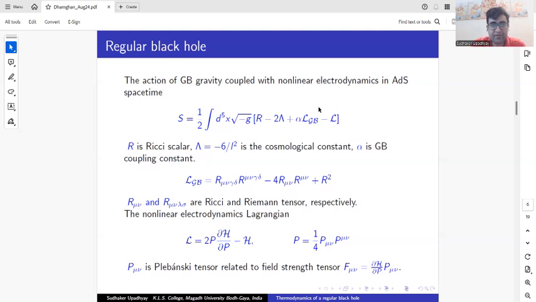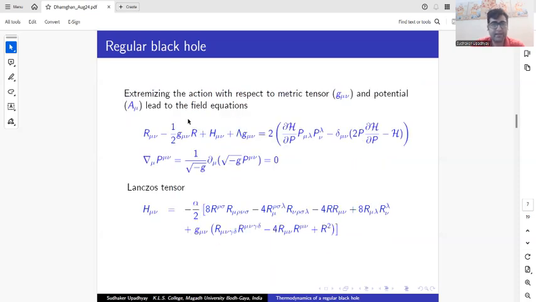If you consider this action describing gravity, what will be the equations of motion? By extremizing the above action with respect to the metric tensor g mu nu, we find the Einstein equation of motion with this expression, where this is the usual Ricci term and this is the cosmological term.